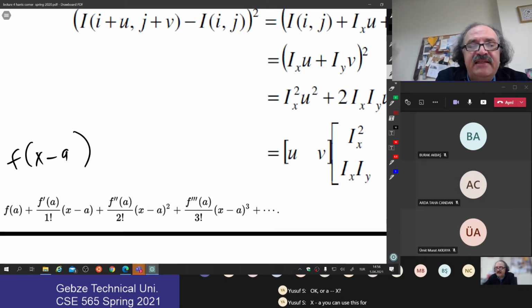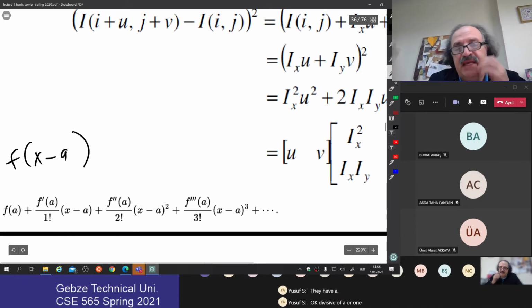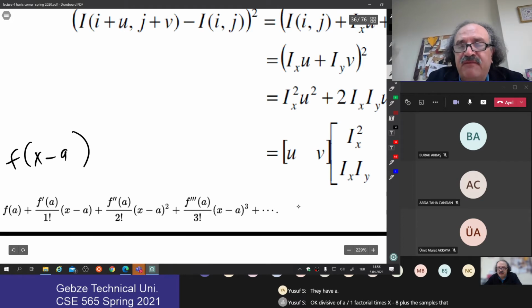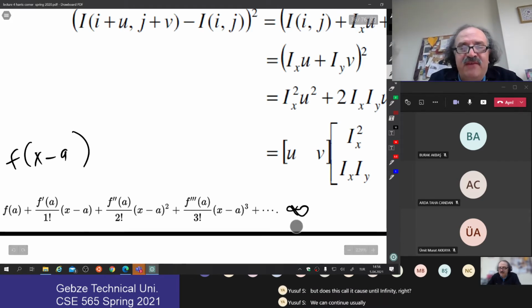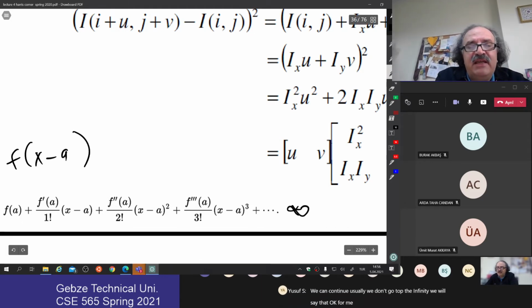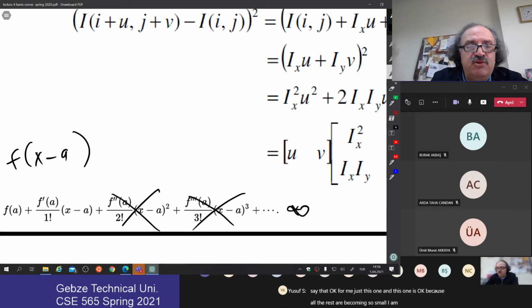You will say that f(a) plus the derivative f'(a) over 1 factorial times (x minus a), plus this, and plus this. Where does this go? It goes until infinity, right? Usually we don't go up to infinity. We say that, okay, just this one and this one are fine, because all the rest become so small that I am going to ignore them. Usually we do that, right?